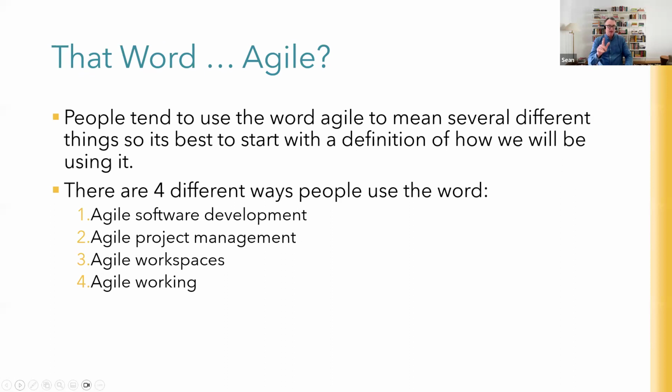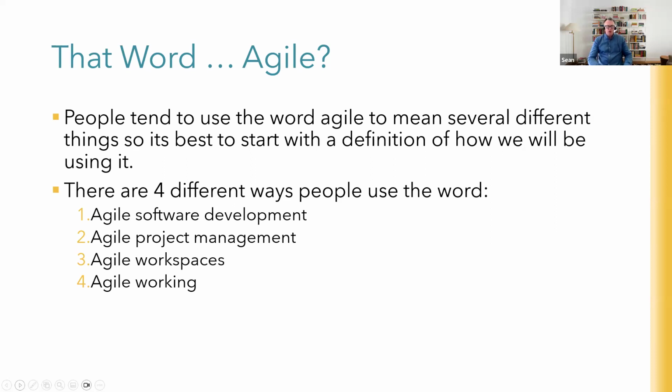We need to start with that word Agile. When somebody says they're Agile or they're doing Agile or they're becoming Agile, the first thing you need to ask is, what exactly do you mean when you use that word? I've seen online, particularly on LinkedIn, many times where people aren't using it the same way and they get into horrible arguments.